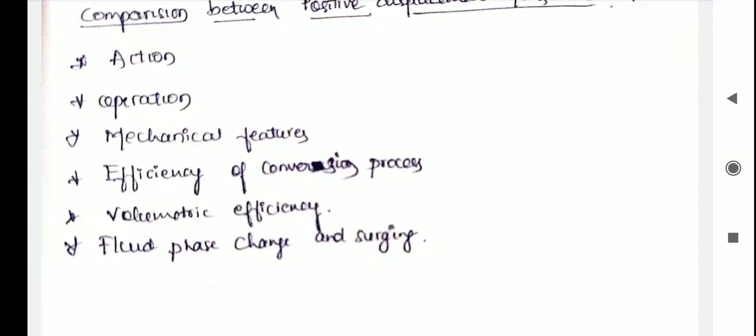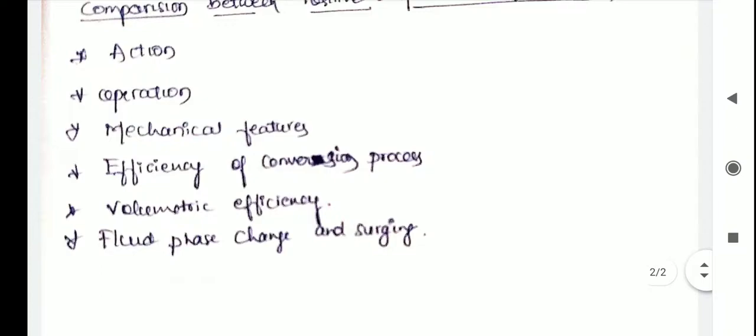Second difference: in case of turbo machine, it involves a steady flow of fluid and rotating motion of the mechanical element. In case of positive displacement machines, it involves an unsteady flow of fluid and reciprocating motion. Third difference: turbo machines operate at a high rotational speed, while positive displacement machines operate at low speed.